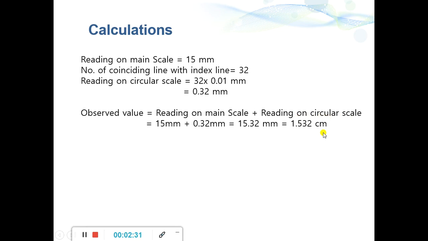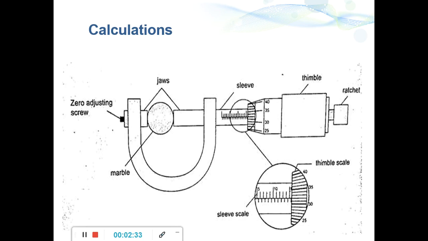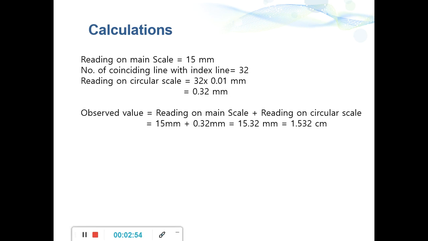Now reading on main scale, in the last picture we can see that the reading on main scale is 0, 5, 10 and it's the 15th division. So the reading on main scale is 15 millimeter.